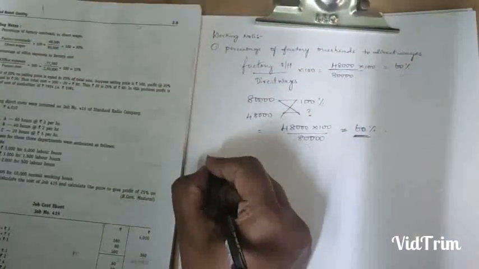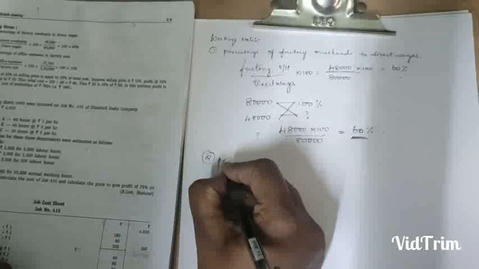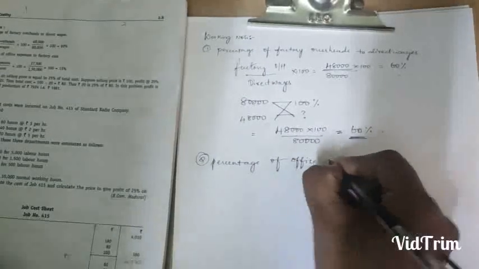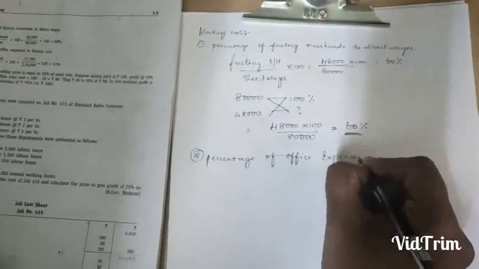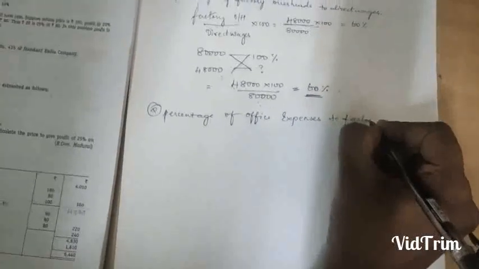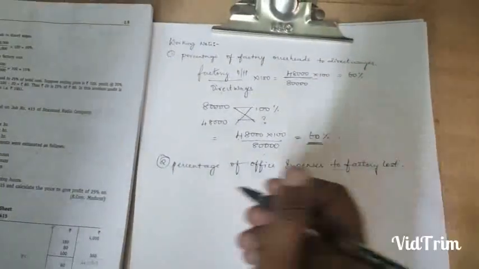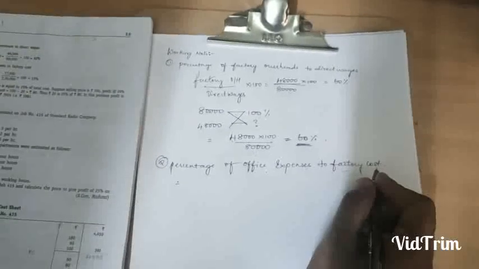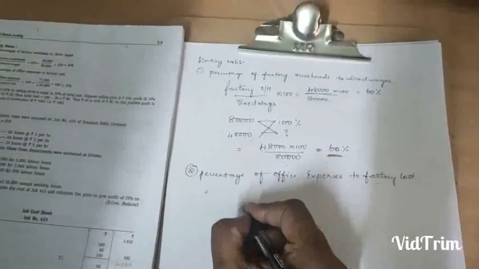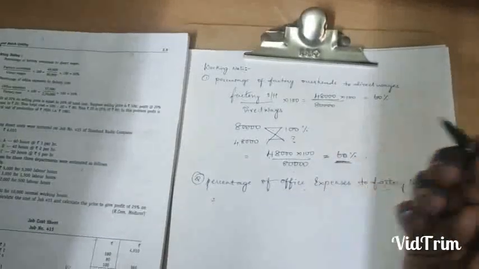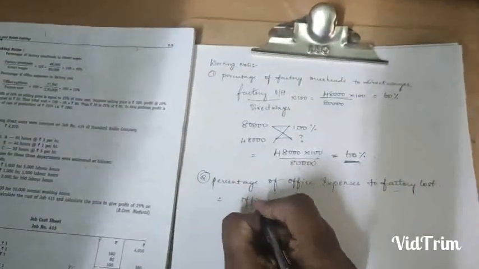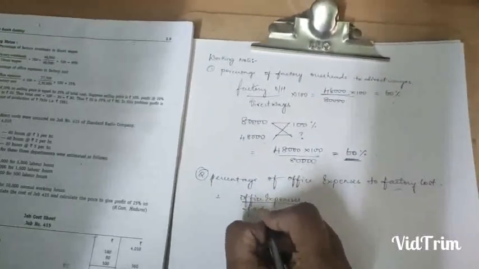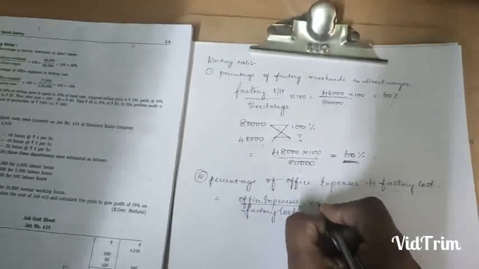The second working note is the percentage of office expenses to factory cost. The same formula applies here: office expenses divided by factory cost into 100.